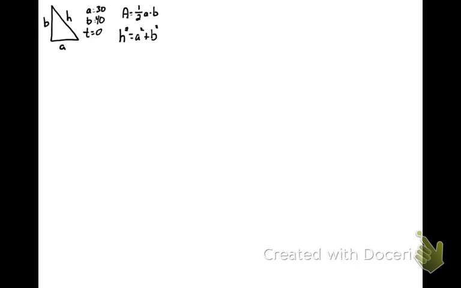And if we wanted expressions for how the area is changing, well then dA dt by the power rule would be equal to 1/2 dA dt times B plus 1/2 A times dB dt.